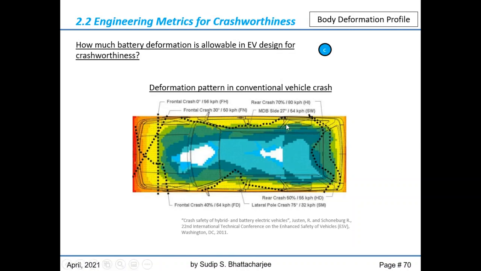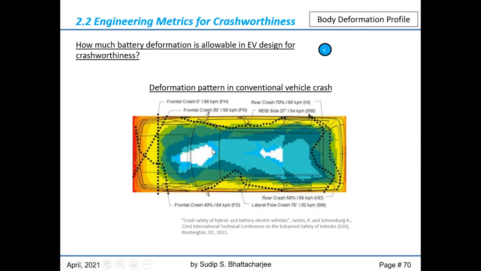Now, if I am packaging the battery in certain areas, it is extremely difficult to really isolate it from those deformation or intrusion zones. There is going to be certain exposure in certain modes depending on how I'm packaging the vehicle battery pack. So the question comes inevitably: if I am designing an electric vehicle with a battery system, how much deformation can I allow in the battery system without taking any additional risk to the overall safety of the vehicle occupant and the vehicle system?